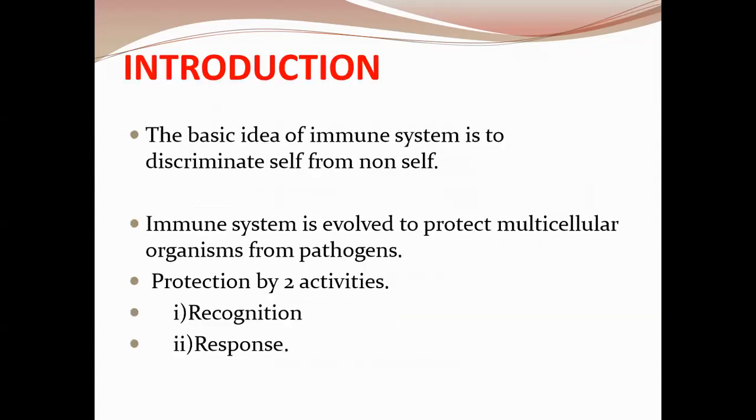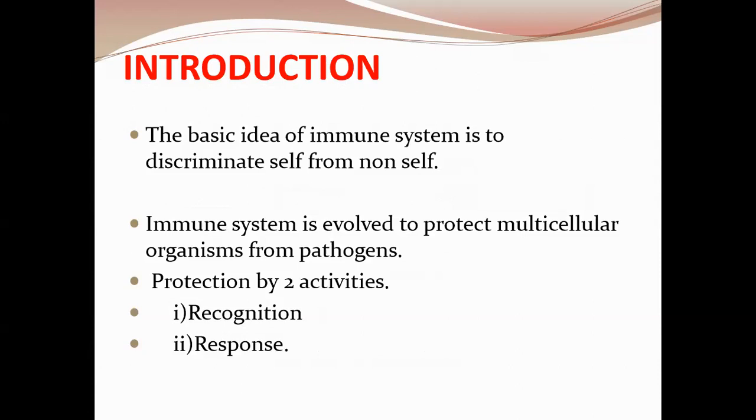Now, when we talk about the introduction of immunopharmacology, the basic idea of the immune system is to discriminate self from non-self. And the immune system has evolved to protect multicellular organisms from pathogens.